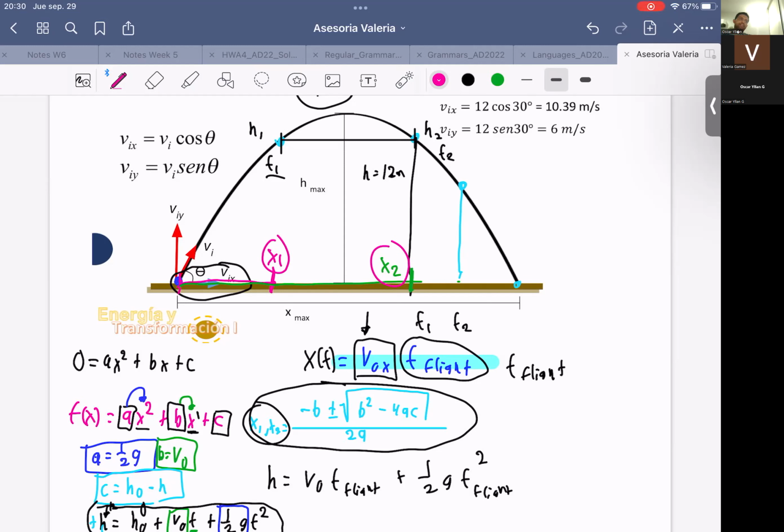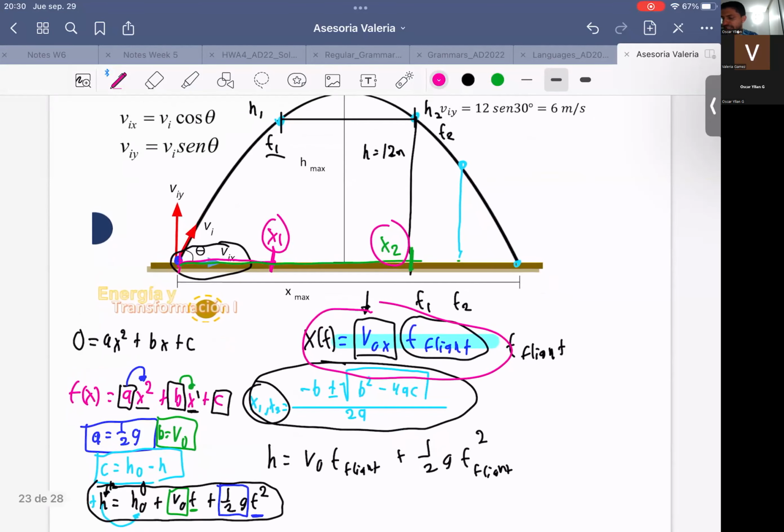Kind of the equivalent: if they give you an x, you can get the height at any point, by substituting in this formula and getting the time of flight, and then substituting the time of flight in the same formula, and you get the height. So if they give you x, you can get y. If they give you y, you can get x, right? Yes. Okay.